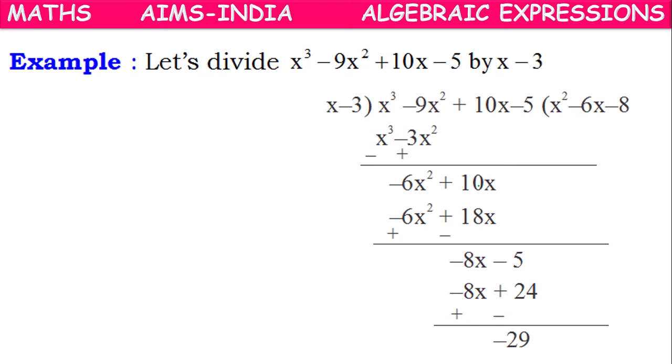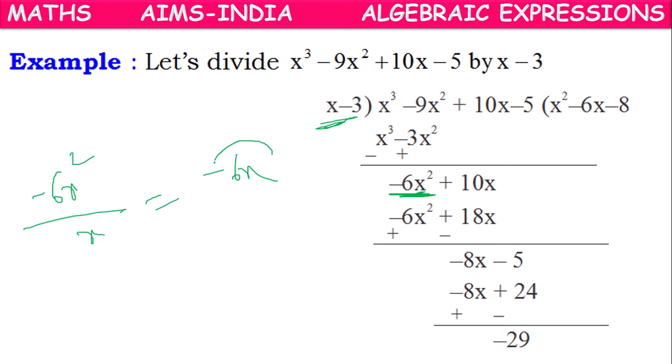Now what we have to do with this? In the remainder, whatever first term we have got, that is to be divided with the first term of the divisor, means minus 6x square by x. If we divide, minus will come, 1x cancels, 6x will come.